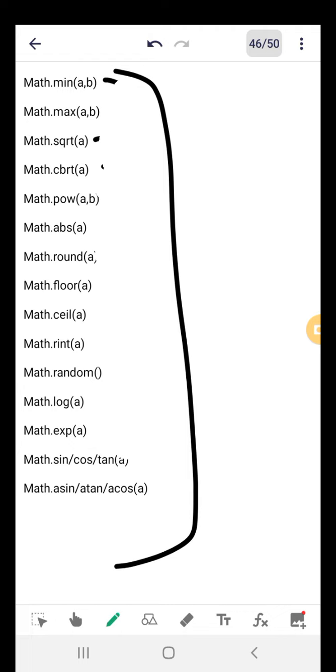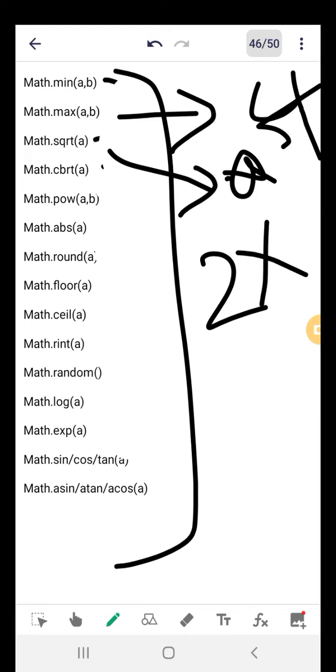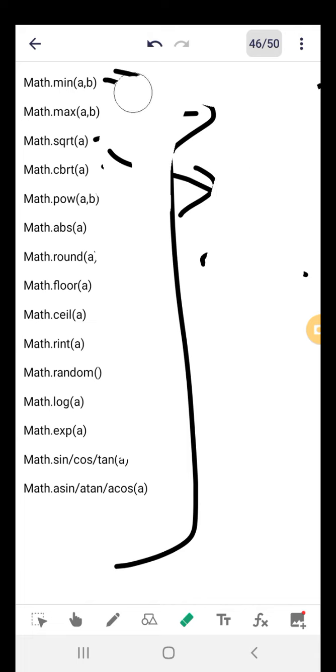While writing the output, you may have calculated the square root correctly, but if a is equal to 4, and for Math.sqrt you have written 2, it will be wrong, because it will return 2.0 in the double data type. So this is very important while you are writing the output of any Math class function.